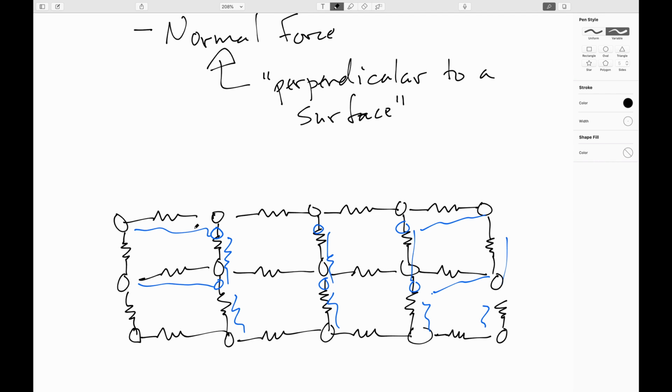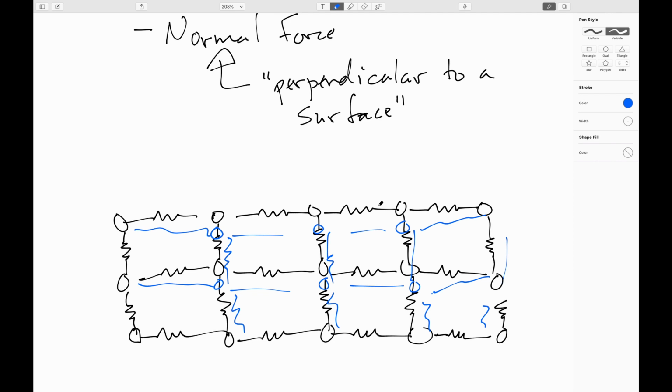And so this bond is going to try to pull on this atom this way, but there are adjacent bonds that are keeping that from happening. And similarly, this bond is going to want to lengthen back up, trying to push the atom back up. All of this results in the seat trying to get back to its original shape.